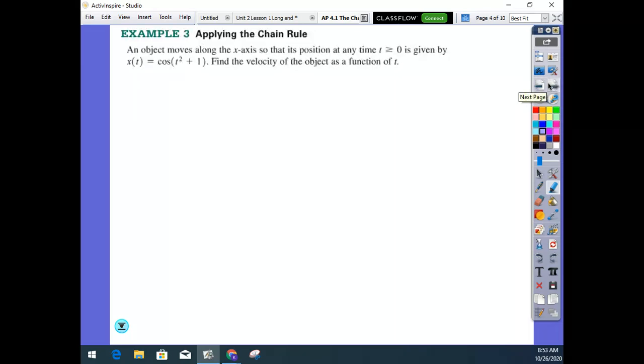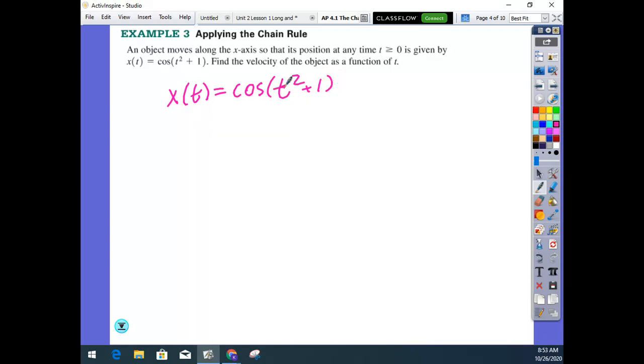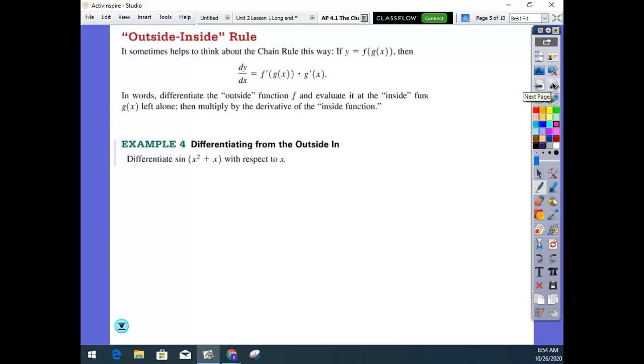Okay, so the application, we have x of t. We can do this a couple ways. I personally would rather just move into the next one and I'll come back to this. This is typically how I do derivatives, the inside out rule.